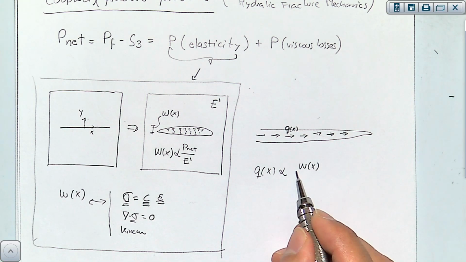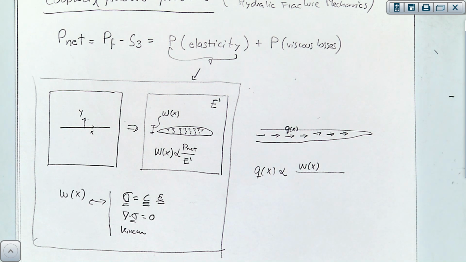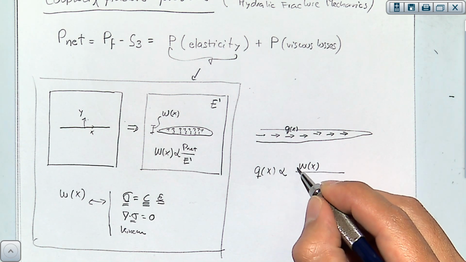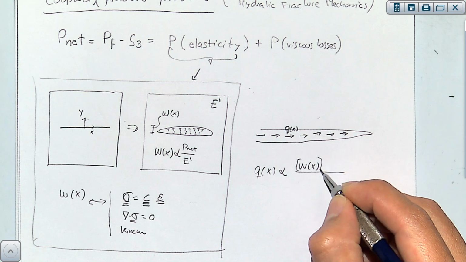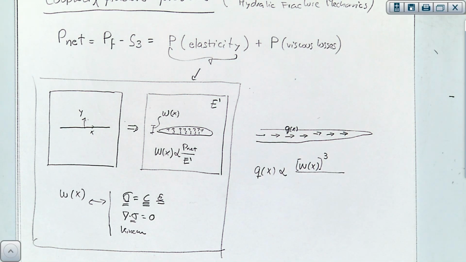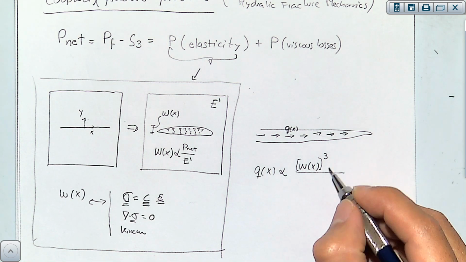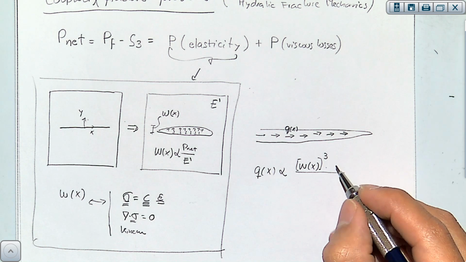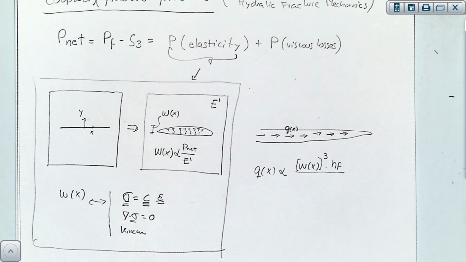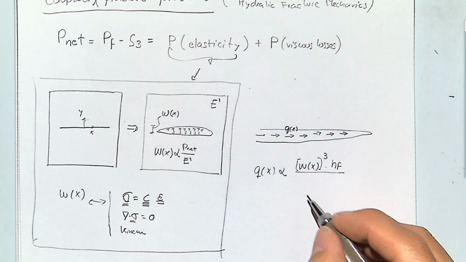The bigger the width of the fracture, the more fluid I can move through the fracture. And actually, this depends on the cube of the width, and on how much it extends in the direction perpendicular to the paper. We'll talk more about that later on.